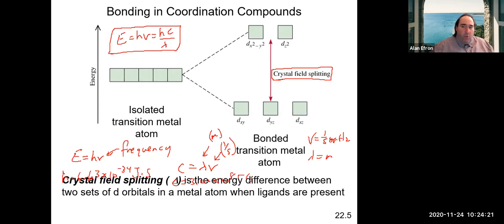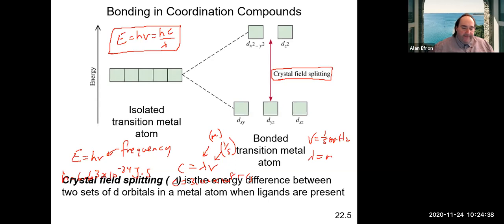So what does it mean if we have a large crystal field splitting or a small crystal field splitting? It is going to affect how our electrons are populated in those d orbitals.